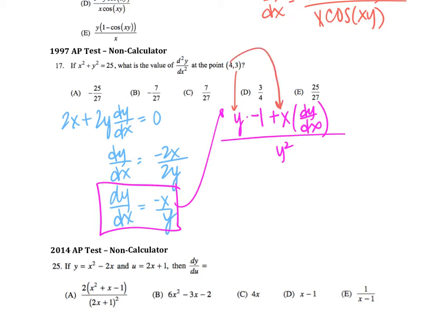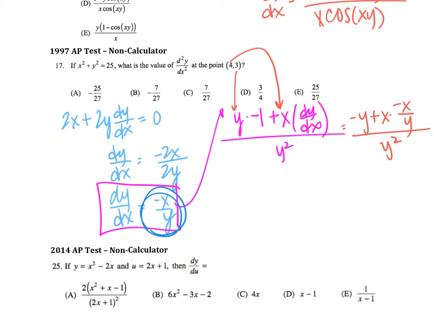Oh, you know, we're going to plug in a negative x over y for my dy/dx right there. So I'm going to substitute in negative x over y for this dy/dx. And I've got negative y plus x times negative x over y, all over y squared, before I've done any substituting.